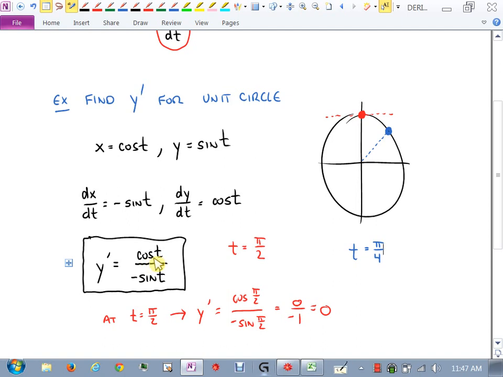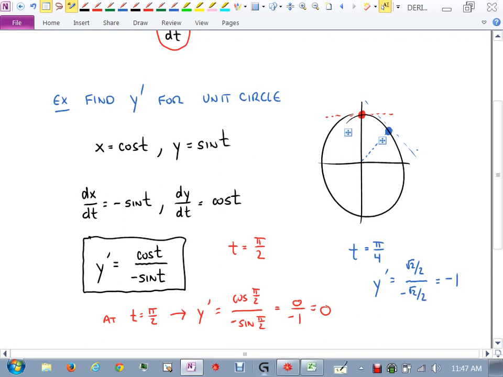What's cosine of pi over 4? It's root 2 over 2. What's sine of pi over 4? Same thing, but there was a negative down here, right? There was a negative right here, so it's negative root 2 over 2. And that's just negative 1. Does that make sense that it would be negative 1 there? Yeah. You follow this?